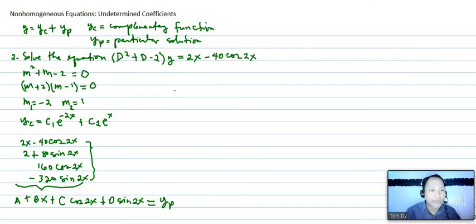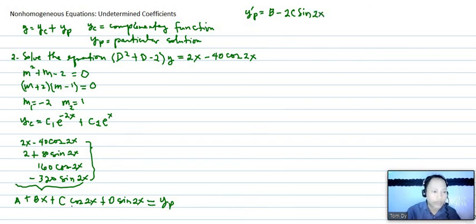Since our problem is up to the second derivative, we have to take the second derivative of our y sub p. First, the first derivative: we have b, plus the derivative of cosine is negative sine, so negative 2c sine of 2x.